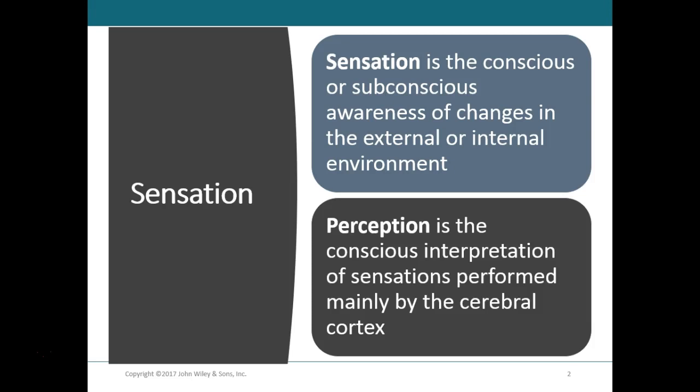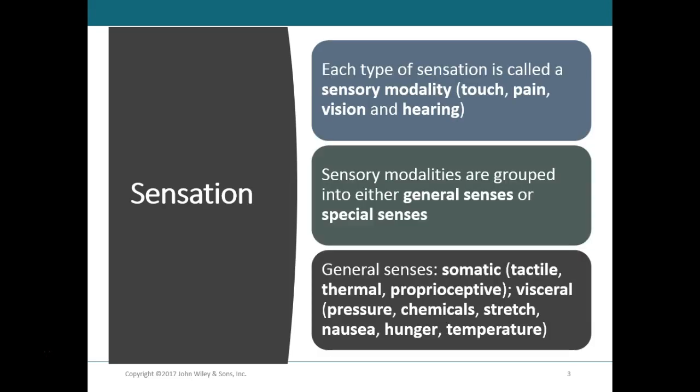We know specific sounds and sights and tastes because of perception. That's the conscious interpretation of sensation, and that, of course, is going to be primarily a function of the cerebral cortex. So each unique type of sensation, pain, vision, hearing, touch, those are all called sensory modalities.